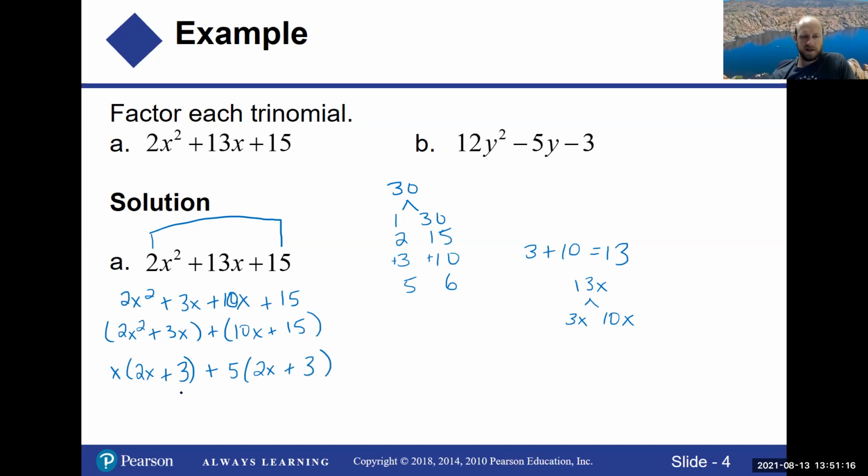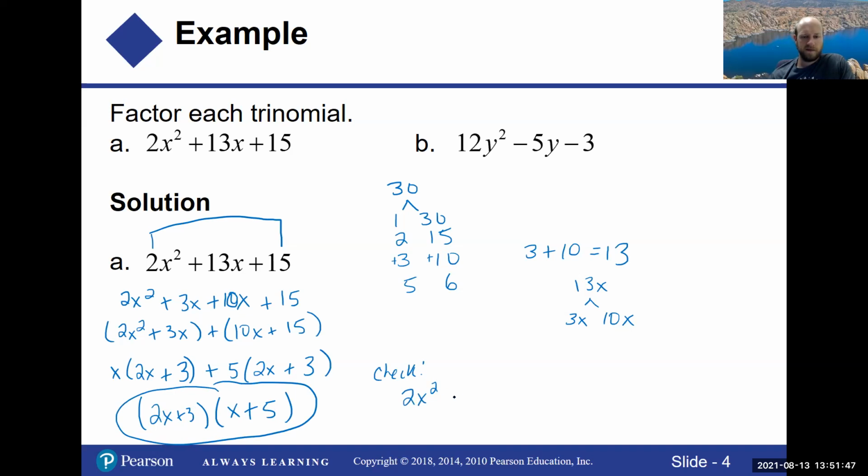And we notice here, remember from grouping, that we are looking for the common factor now once we're all done with that. And that's the 2x plus 3. And then I factor it out, and I have 2x plus 3 times x plus 5. And that is my solution. And again, we can check this by FOIL. So I take 2x times x.